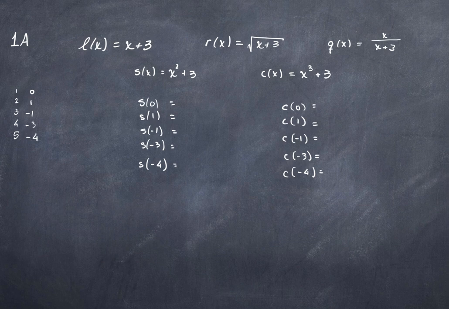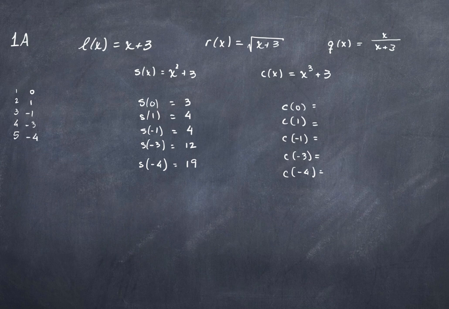Here we have our template, and into these answer slots go 0 squared plus 3, 1 squared plus 3, negative 1 squared plus 3, negative 3 squared, that's 9, plus 3, and negative 4 squared, that's 16, plus 3.